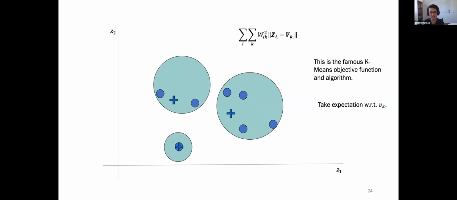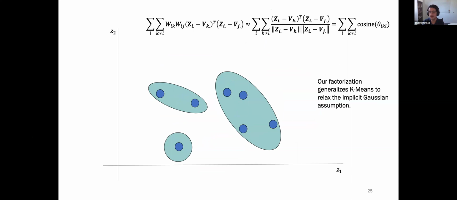That's the classical k-means. If you want to know what the additional piece is, I don't have an animation for it, but essentially it's relaxing the assumption that everything is a perfect Gaussian distribution. So you can have different orientations, and the covariances can be a little bit non-standardized, so the clusters can be aligned in different ways.